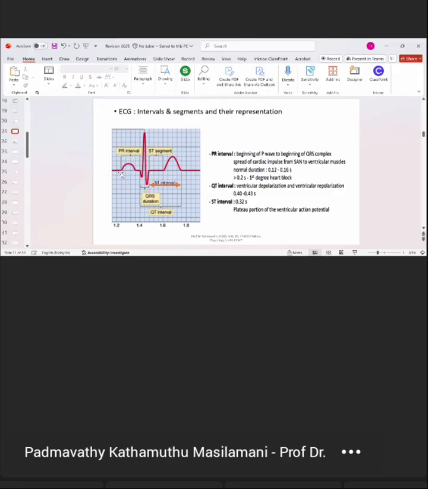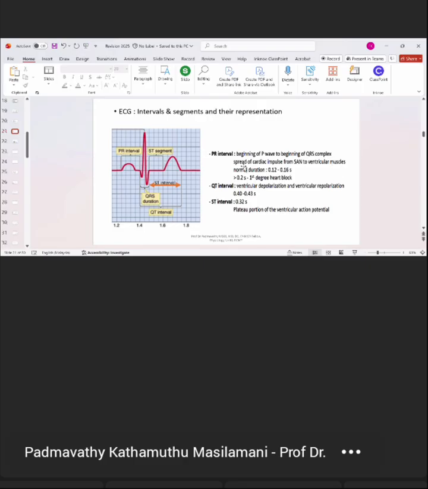The PR interval is from the beginning of P wave to the beginning of QRS complex. It contains the P wave. What is the importance of PR interval? The time taken for the impulse to travel from atrium to ventricle, the spread of impulse from SA node to AV node.